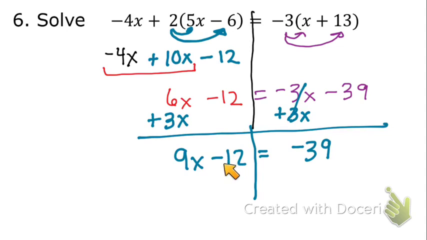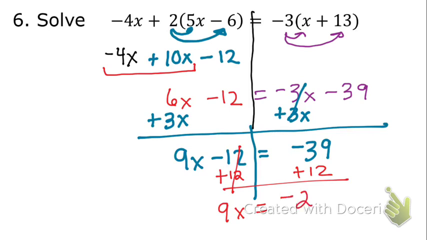So the inverse of negative 12 is to add 12. And again, this equals 0. So 9x equals negative 39 plus 12 is negative 27. Our last step is to divide both by 9. So x equals negative 3.